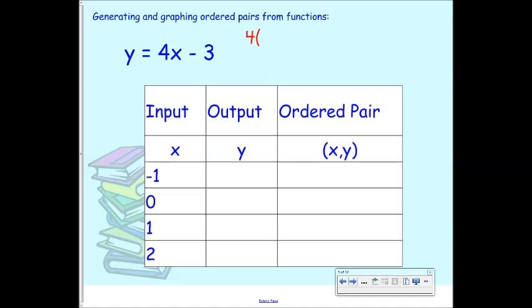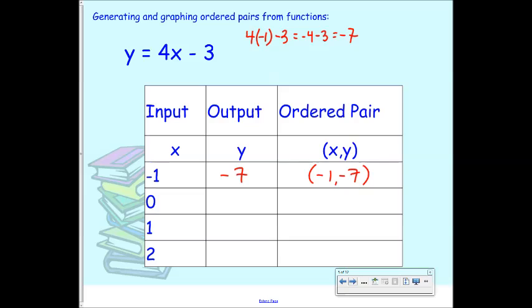Multiplication. So I'm going to put parentheses. So the first thing I do is 4 times -1, which is what? So -4 minus 3, which gives me negative 7. Very good. All right, negative 7. So then what's my ordered pair? Negative 1, negative 7. Because my x value is negative 1 and my y value is negative 7.